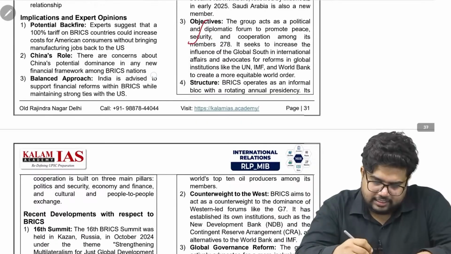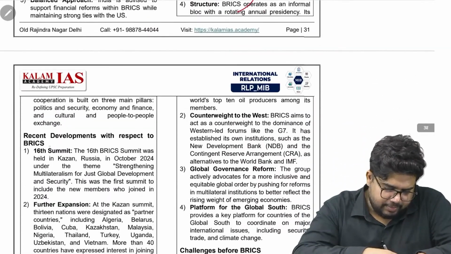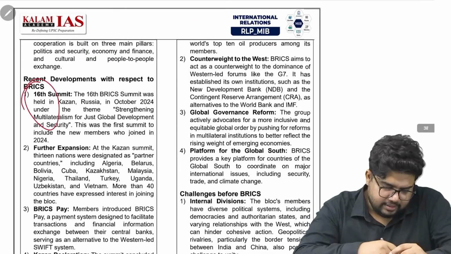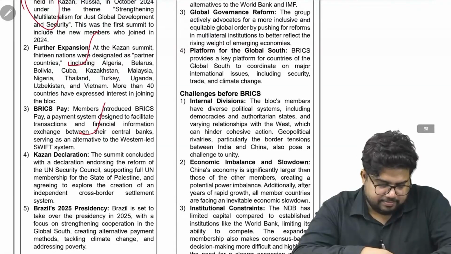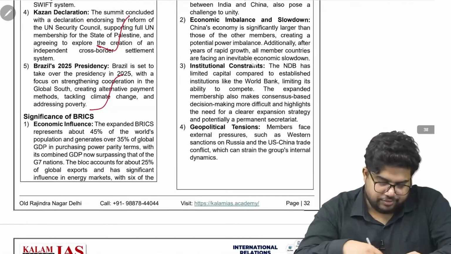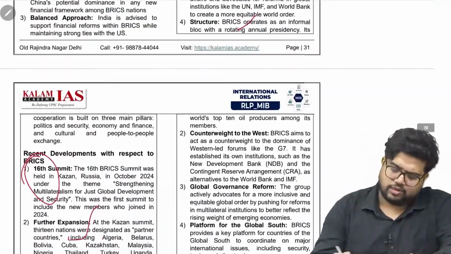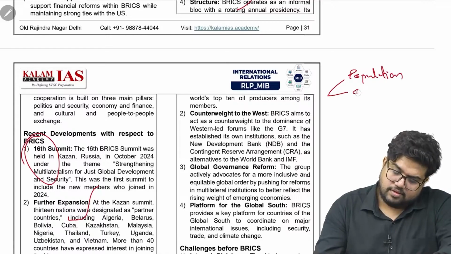Objectives you can look at here, and structure of BRICS, recent developments associated with the 16th summit, further expansion opportunities, BRICS Pay system, Kazan Declaration, all this you can go through. Significance of BRICS, again for significance you can write using diagrams, like population, economy.